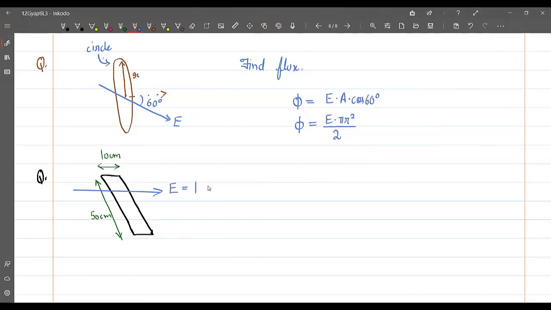The value is, call it, 10 to the power minus 3 Newton per Coulomb. And this angle is given as 30 degree. Then find the flux.